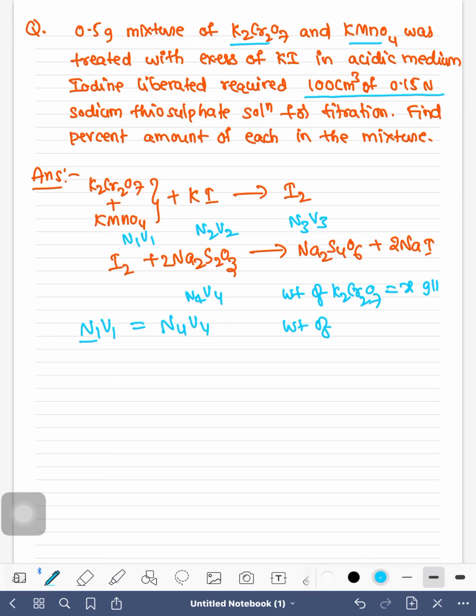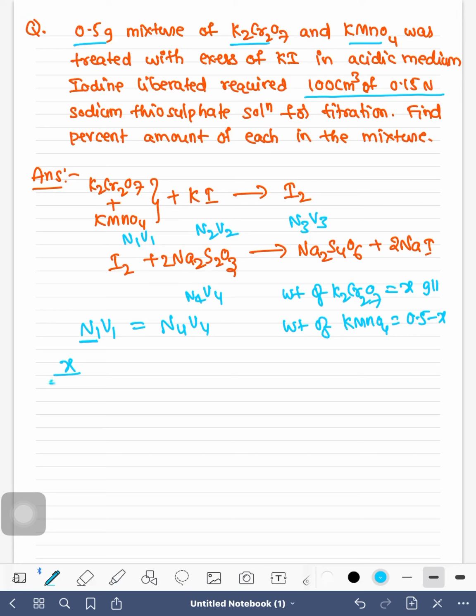Then the weight of KMnO4 equals 0.5 minus x. Then the normality of the mixture is weight by equivalent weight.